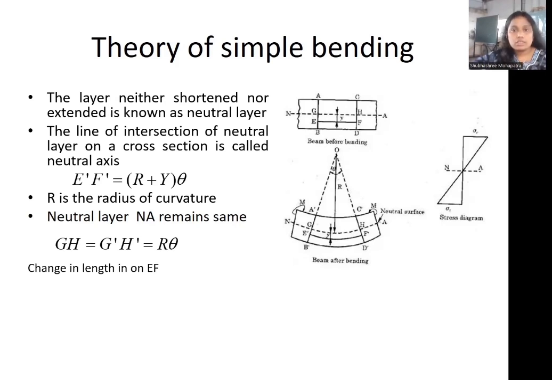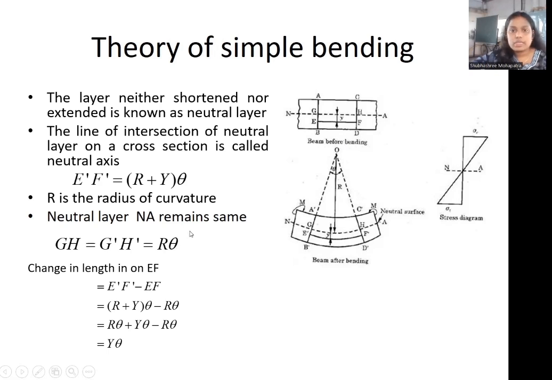Now let's calculate the change in length of EF. E dash F dash is the final length, and EF is the original length of our segment. So E dash F dash is R plus Y times theta, and EF is equal to R theta, because here you can see EF is equal to GH, and GH is equal to R theta.